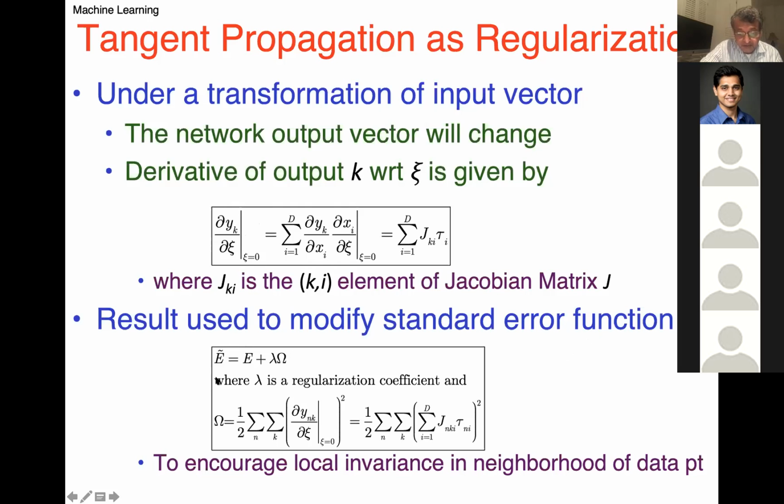So we're back to the loss function of the neural network regularizer. It's got E plus lambda omega. What is this omega? Omega is in terms of this derivative we just saw, and it's being summed over the samples n, right? And the dimensions of the data. So that's coming into play here.